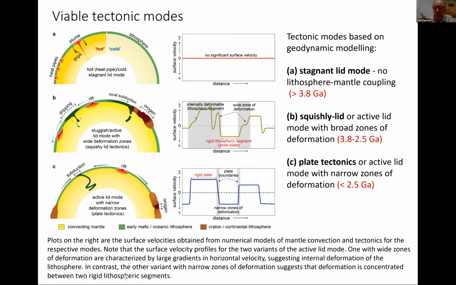That means that there are broad zones of deformation. The plates are not rigid, they're deforming internally. So I suppose what I'm going to try and do today, and you can be the judge at the end, is try and convince you that plate tectonics has not always been the modus operandi of the Earth, and that this squishy lid mode may have been important for significant times during the early history of the Earth.